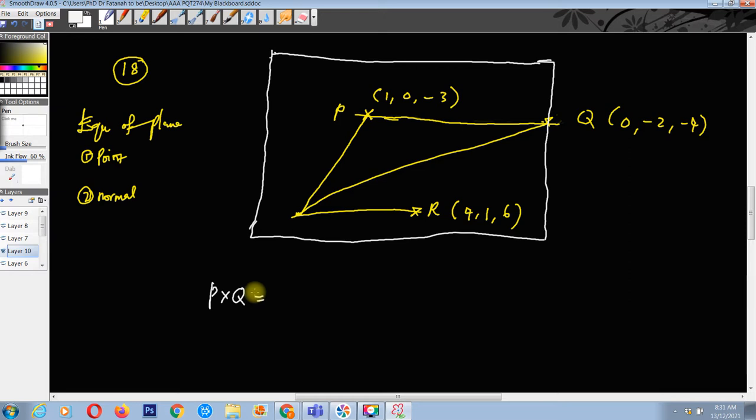One minute, how to solve this? So we have a point. So i, j, k. We will have 1, 0, -3, and then PQ cross RQ.